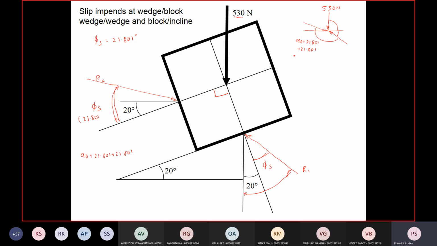And this remaining angle will be 180 minus 20 minus phi s. Alright, so that will be 180 minus 90 minus phi s. So calculate all these angles and tell me the values.